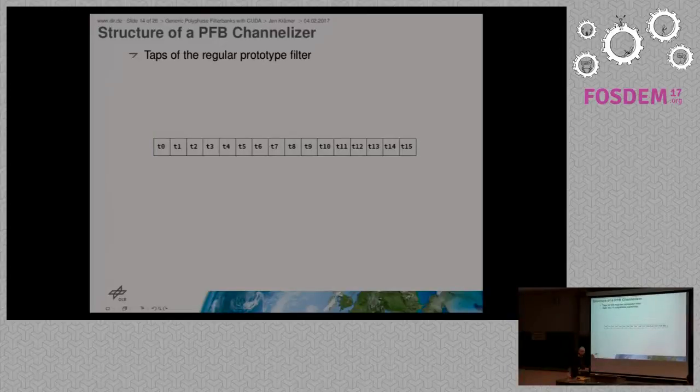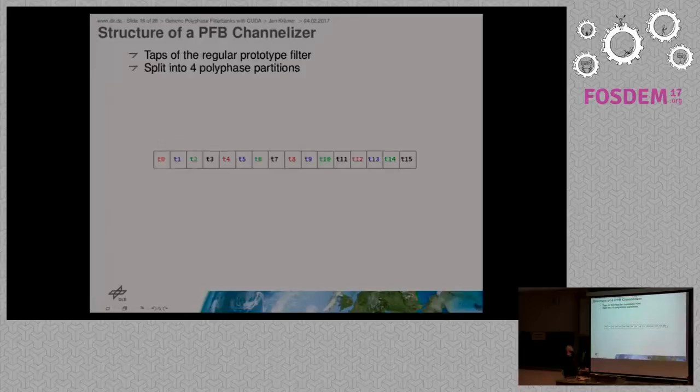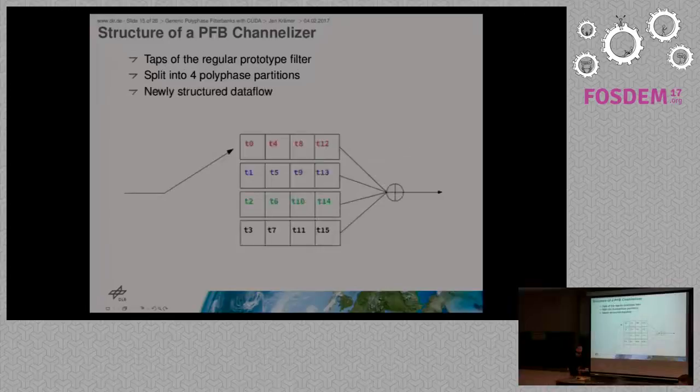So now the PFB will split these into the taps. You have the first phase part are the red taps, and then the blue ones are the second phase part, and so on. What you can do then is reorder those taps and build new filters that are now four tap filters. So in total you still have 16 taps, but each filter only has 4 taps and you have 4 filters.